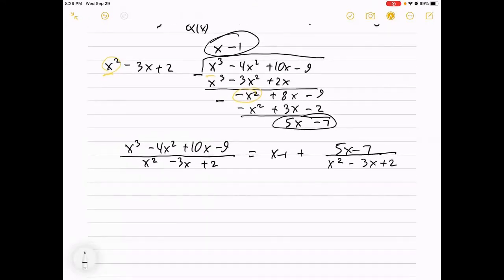Okay. Now recall that we have to integrate the left side, right side.